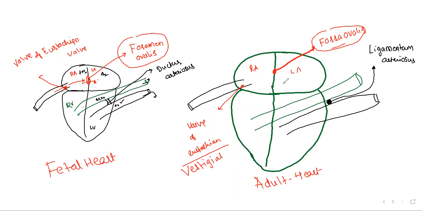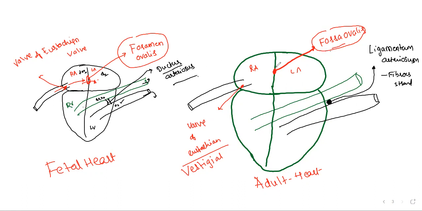That means they are not exactly representing the original positions, but we can understand easily by seeing the visuals. A fibrous strand we call ligamentum arteriosum is a represented form of the ductus arteriosus of embryonic stages.